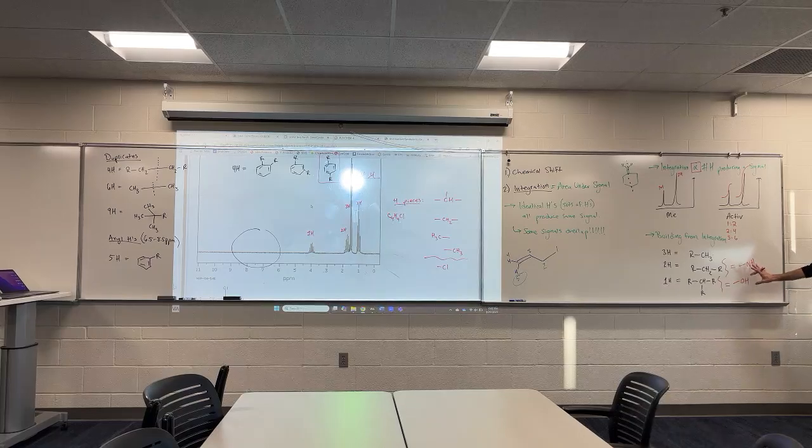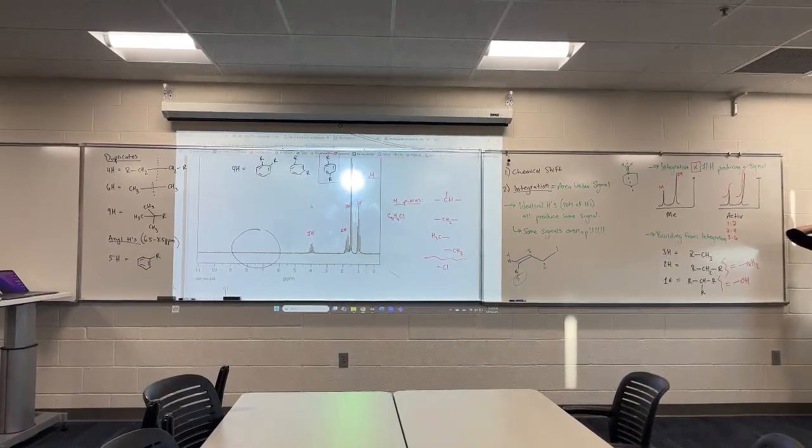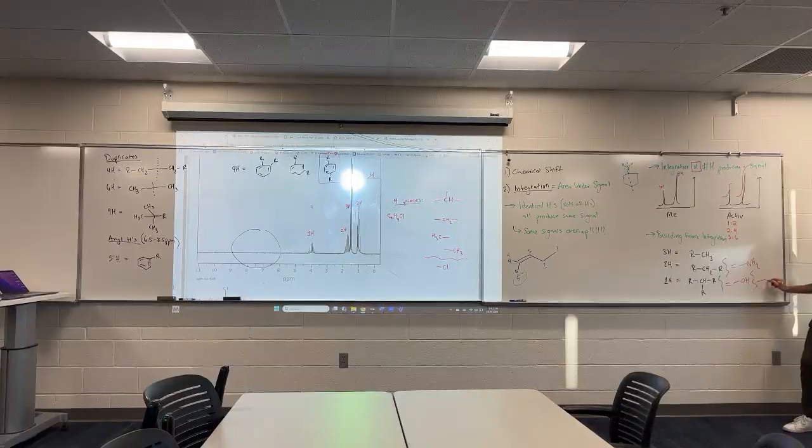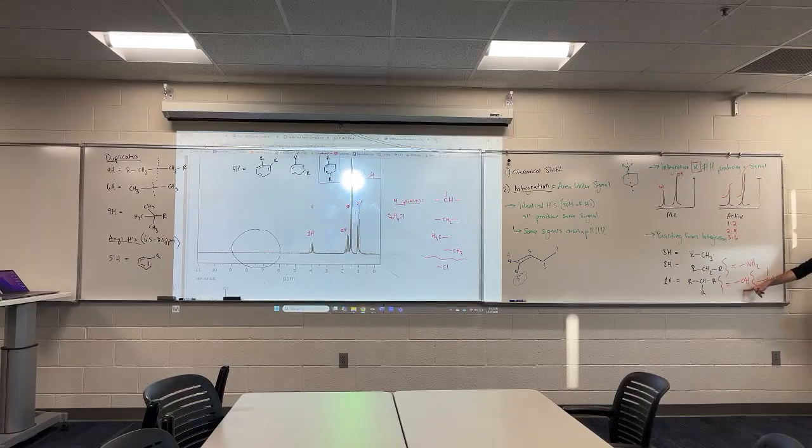Those are things I'd like you to add, actually. I'd like you to go back and say, we can't always be confident that a 1H hydrogen is definitely bonded to carbon. It could be bonded to an oxygen. It could be bonded to a nitrogen, a secondary amine, or a secondary amide. This could be an alcohol or a carboxylic acid. We would know the difference by the chemical shift.